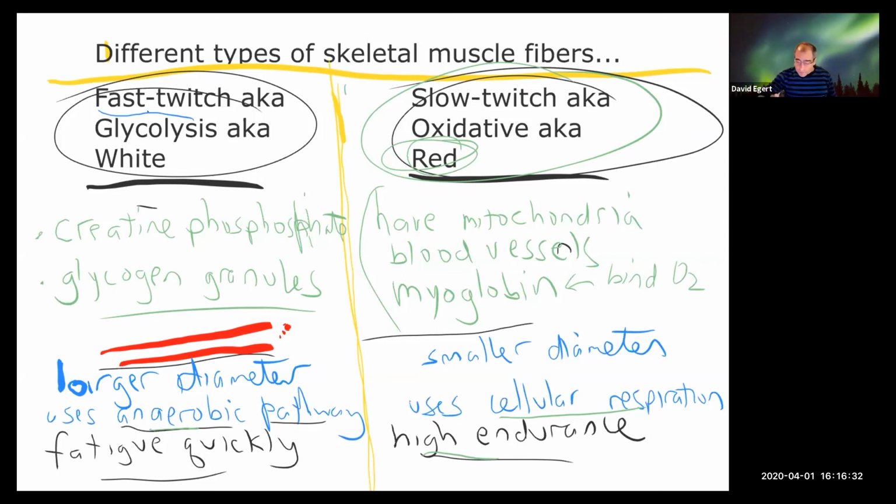So this is the two main kinds. If you want to think about this in terms of what you're familiar with, slow twitch is basically dark meat, and fast twitch white muscle is basically the white meat if you're looking at a chicken.